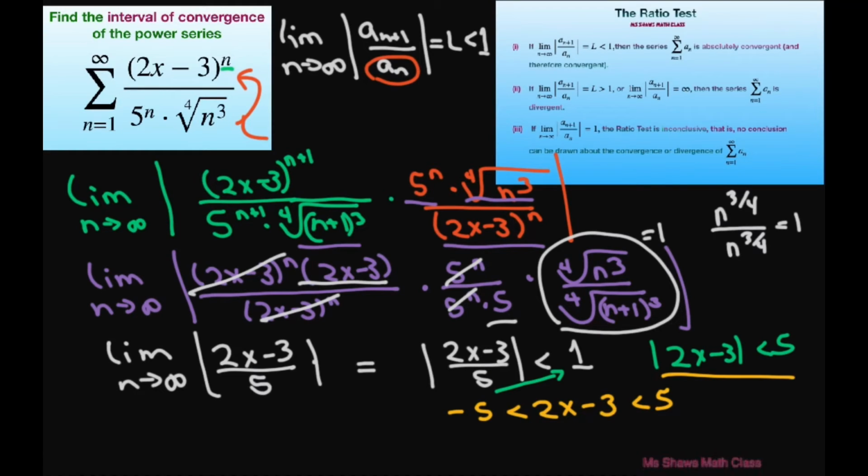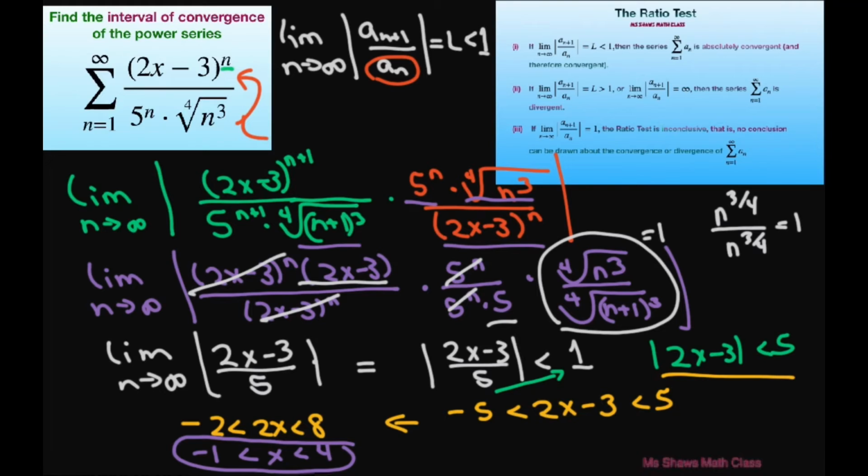Now you add 3 to everything, and you're going to get negative 2 is less than 2x is less than 8. And then divide everything by 2, and we're going to get negative 1 is less than x is less than 4. So this is our interval so far.